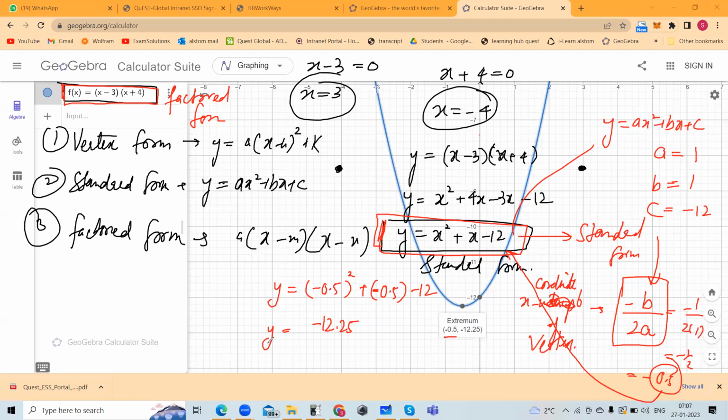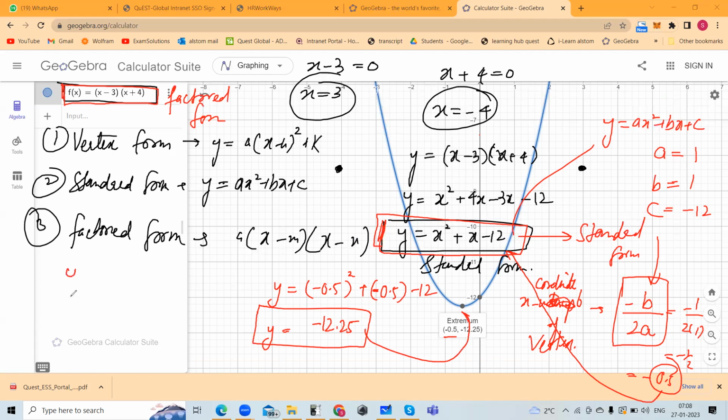When you square a negative number, it becomes positive, isn't it? Negative 0.5 times negative 0.5 will be positive 0.25. And then minus 0.5, that's negative 0.25, minus 12. So it's negative 12.25. Correct. So that is the y-coordinate of the vertex.